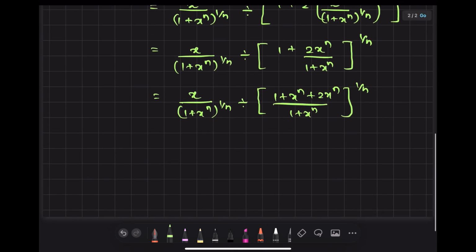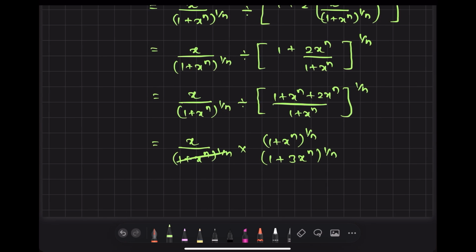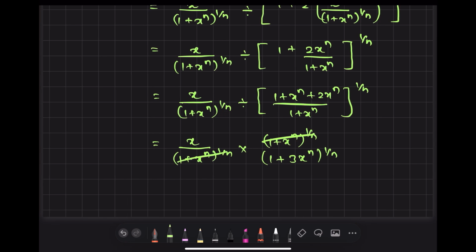Now the idea is x by (1 plus x power n) to the power 1 by n, then we have to multiply 1 plus x power n, which is in the denominator, will come to numerator, and (1 plus 3x power n) power 1 by n. Now look at this component and this component, both are same.